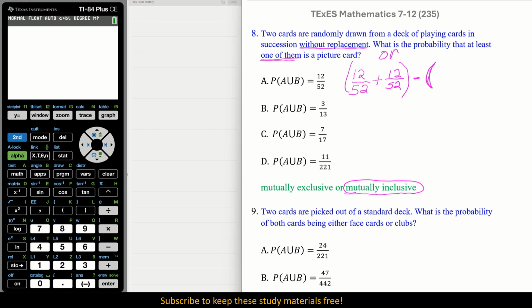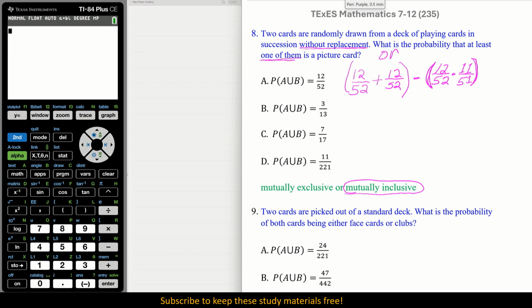This is where we deal with the words without replacement, is what I meant to say. So we have 12 over the 52 times 11 over the 51. That takes out the repetition. So now we have something solid to put in our calculator.